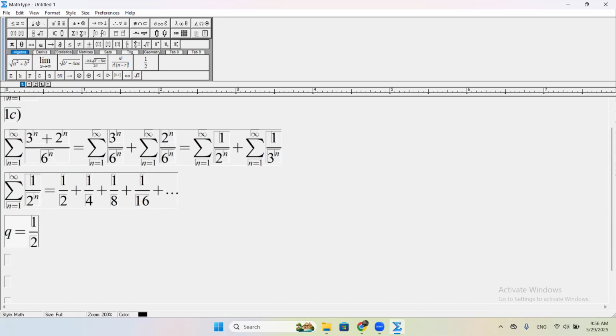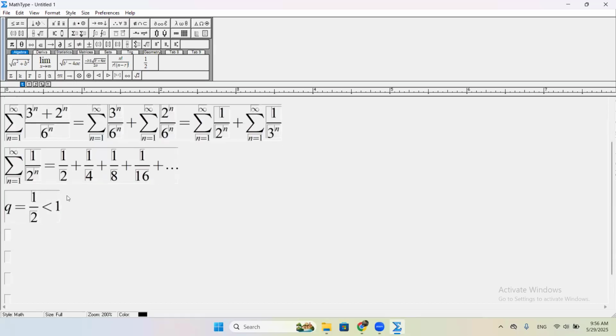By the way, this is a geometrical series. It converges when the denominator is less than 1. So it converges. But let's, of course, calculate the sum.